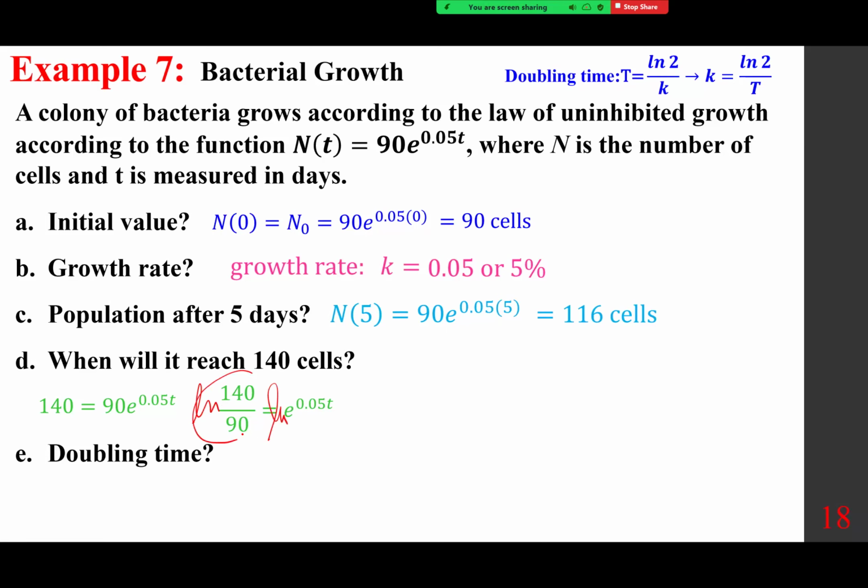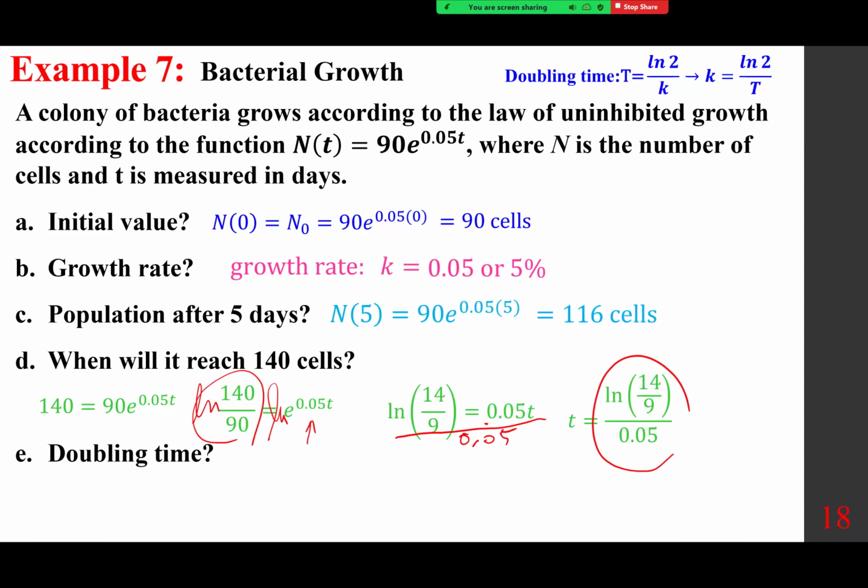And this becomes ln of 14 over 9. And the right side becomes simply the exponent 0.05 t by logarithmic properties. We want the t. So t is the left side, ln of 14 over 9, divided by 0.05. Both sides divide by 0.05. And now this goes into a calculator and gives us 8.8 days. Again, maybe a number of decimals, and then do the rounding.